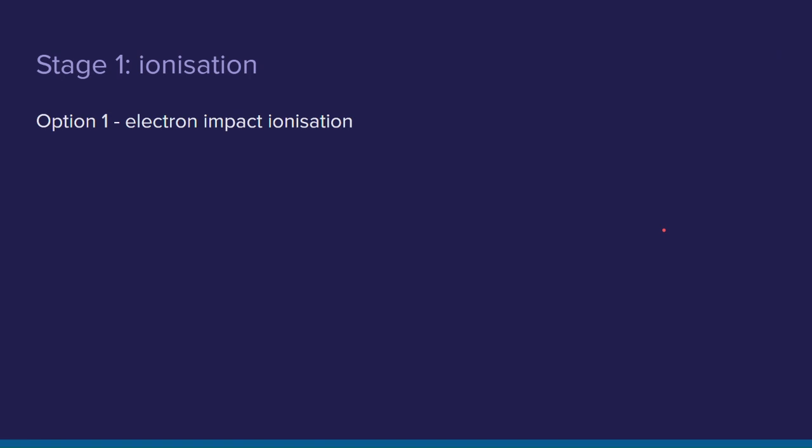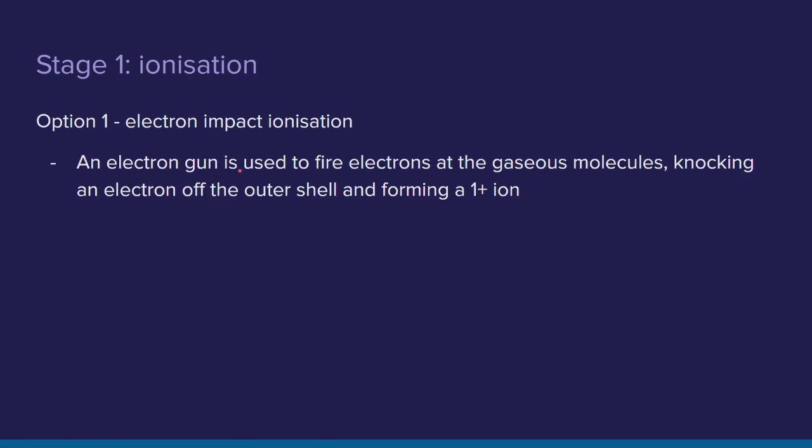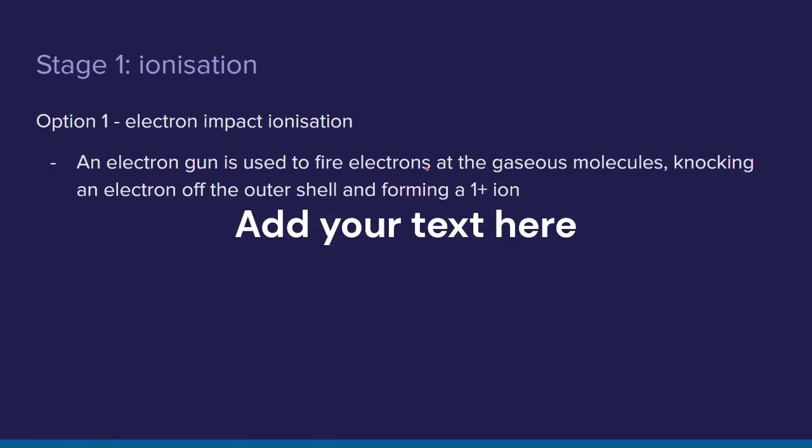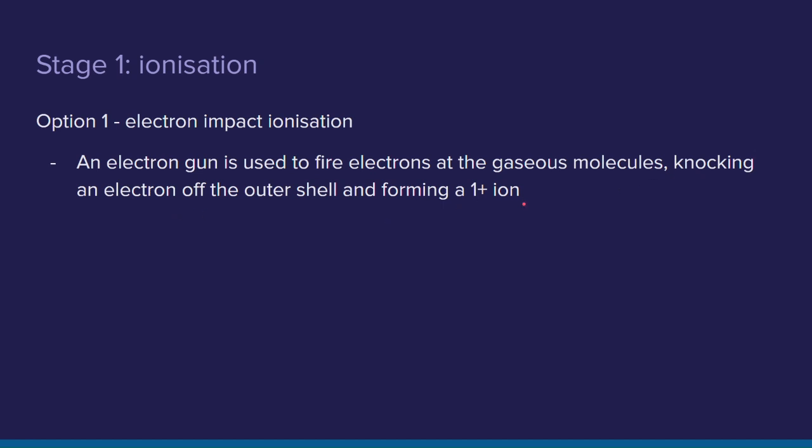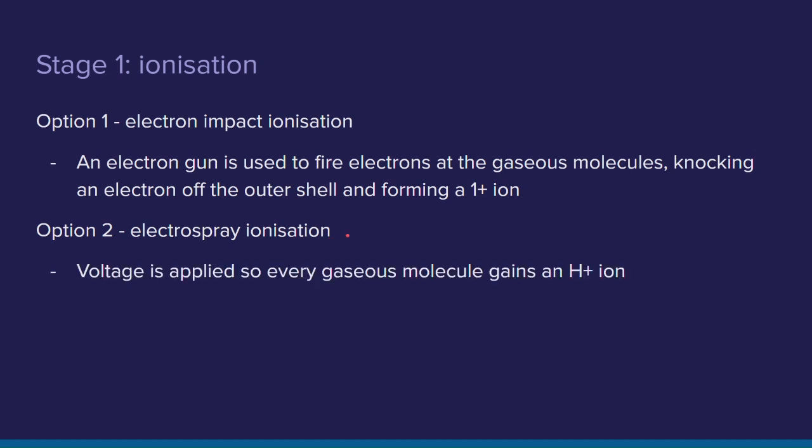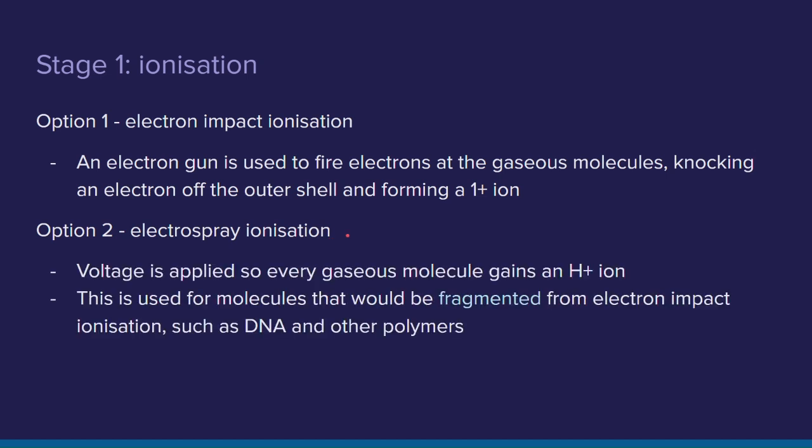So stage 1, ionization. So you've got 2 options here. The first option, which is the one we're learning about, is electron impact ionization, where an electron gun is used to fire electrons at the gaseous molecules, and it knocks an electron off the outer shell and forms a 1 plus ion. See why it has to be gas now, because you can't do that with a solid or a liquid. And the second option is electrospray ionization, which is where they apply a voltage so that every gaseous molecule gains an H plus ion.